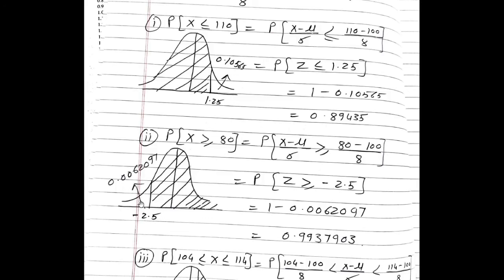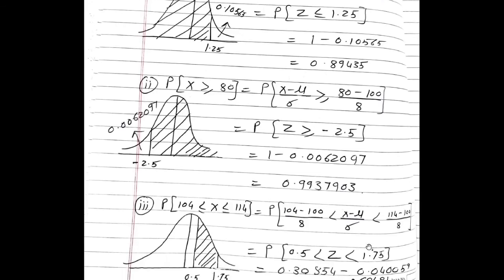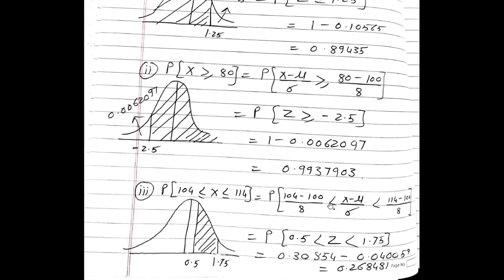So this blank portion is 0.006297, which we don't want. So which can be considered as 1 minus 0.006297. So the answer is 0.9937903.